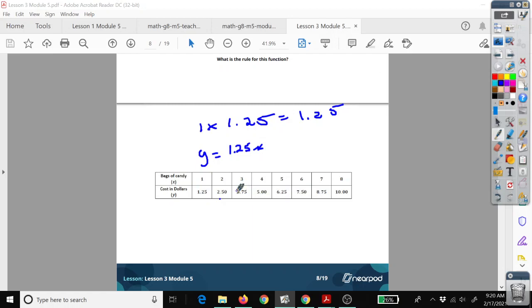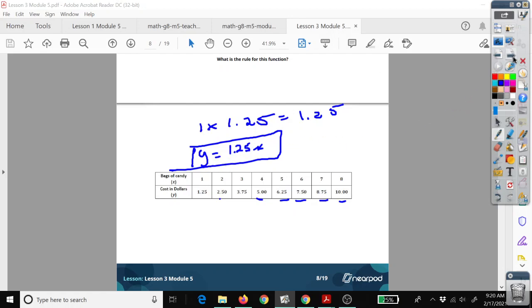Well, 3 times 1 is 3. 3 times a quarter is 75 cents. So that works. 4 times 1.25. If I put it in my calculator, I get a 5. And I actually get all of these answers. So that was pretty easy. The rule is for the x, multiply times 1.25 to get the y.